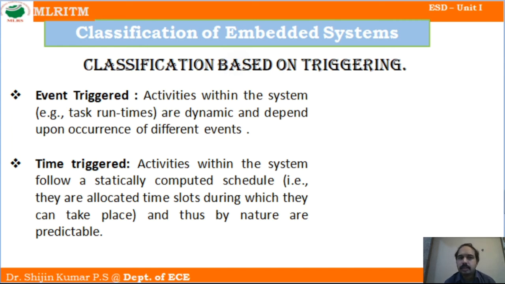Then the last type of classification is classification based on triggering. What is meant by triggering? We can find a trigger in a gun. In a pistol, when you pull the trigger, what happens?